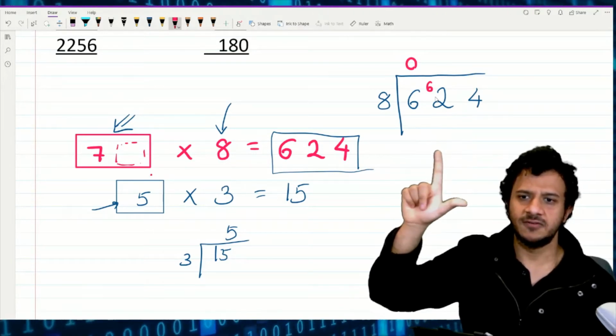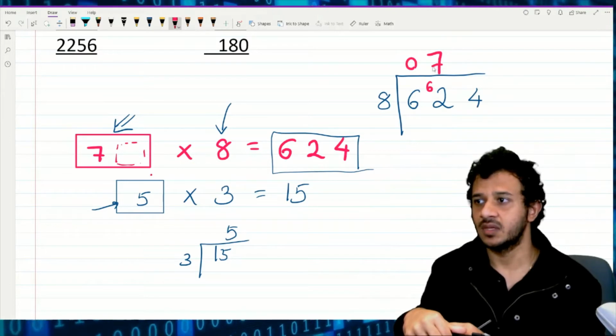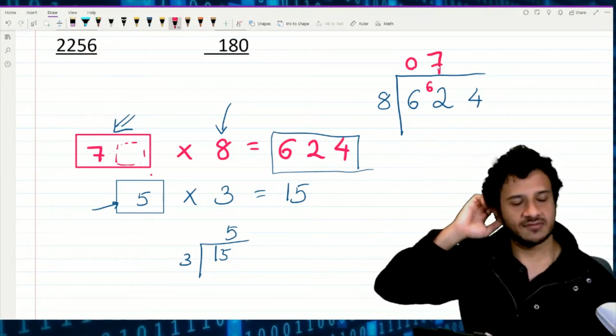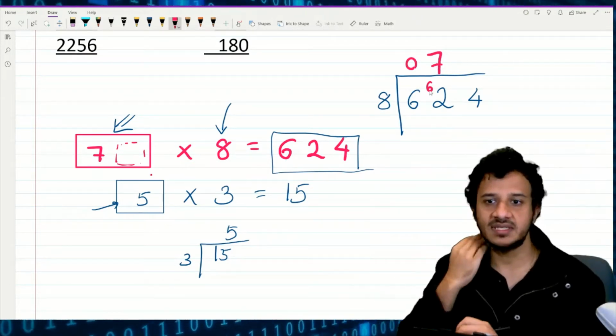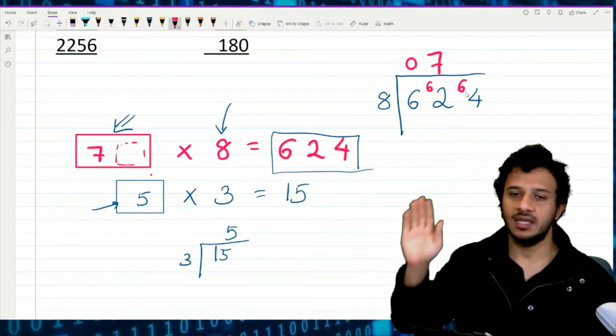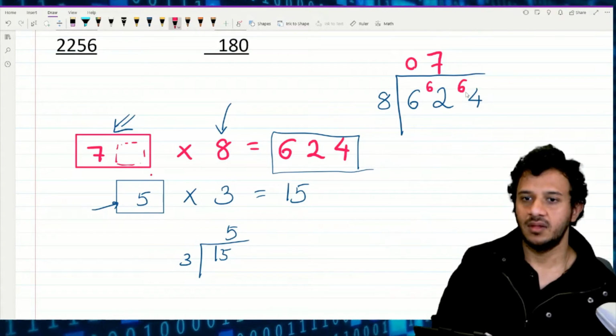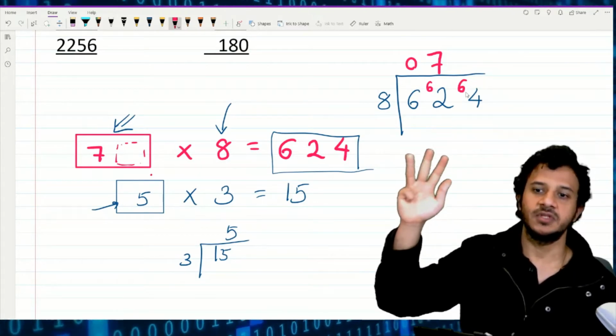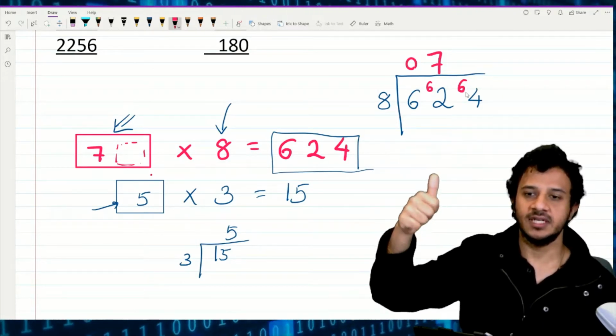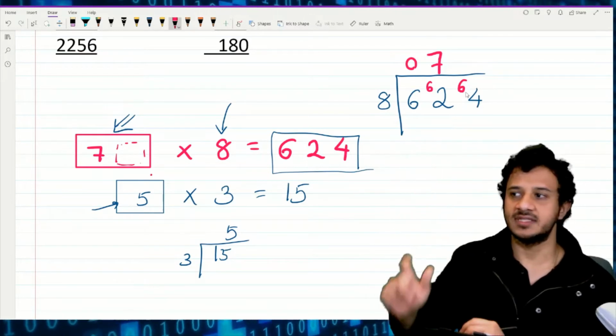So 56, that's a 7. Then 62 take away that 56 would give you 6 left over. Again, how many 8's can go into 64? 8, 16, 24, 32, 40, 48, 56, 64. That's an 8.